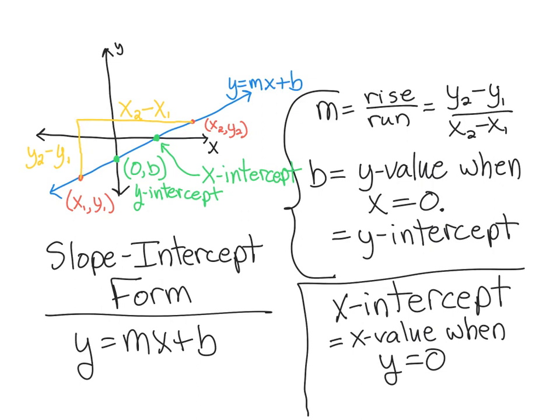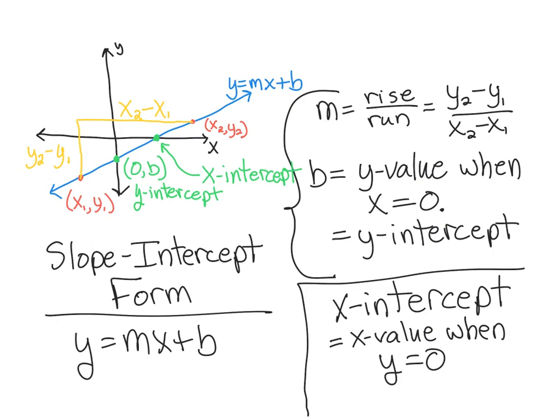I'm going to rise this much and then I'm going to run this much. Notice to get the value of the run, I take this x value minus this x value, and it gives me the horizontal distance between the 2 points. The vertical distance over the horizontal distance, rise over run, gives me my slope.